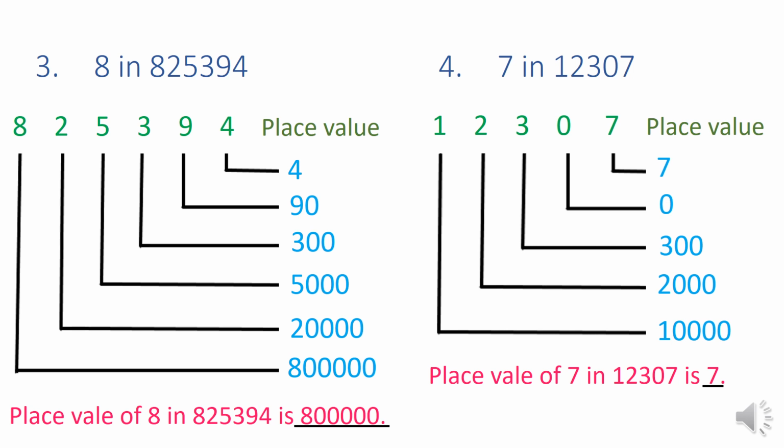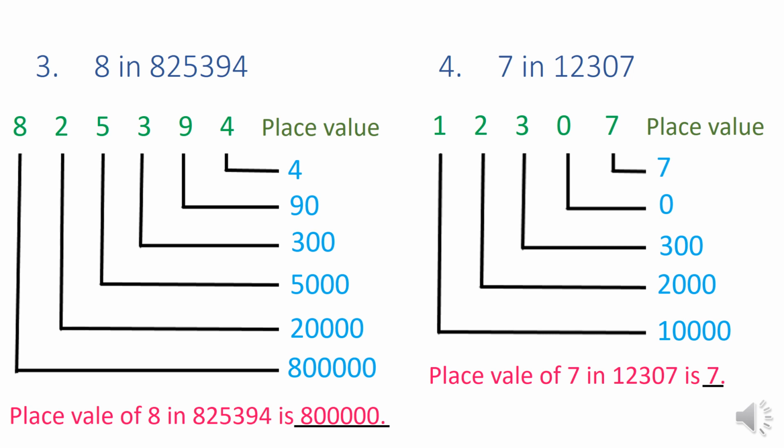The place value of 9 is 90. The place value of 3 is 300. The place value of 5 is 5,000. The place value of 2 is 20,000. The place value of 8 is 8 lakh.